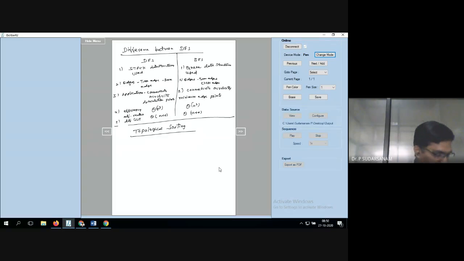So that is what you have to say. There are two methods: one using DFS, another called the source removal method.